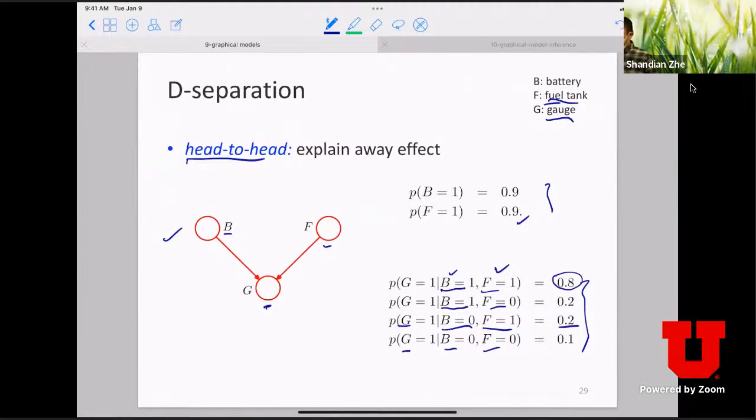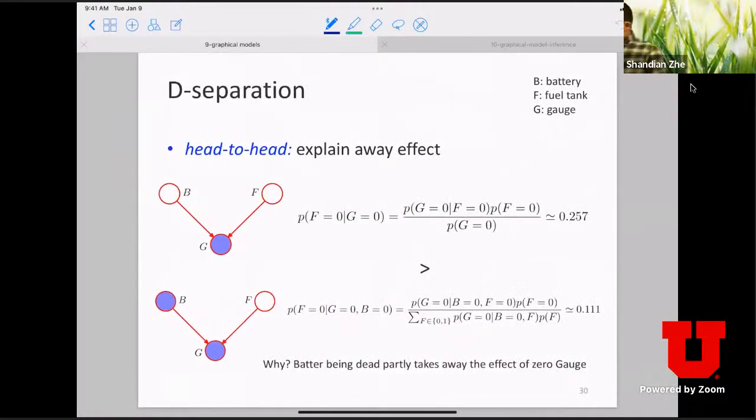So here we want to mention an interesting phenomenon given this model. Suppose in the first case, we just observe that your gauge reading is zero. You don't know the status of the battery; you don't know if it is alive or dead.